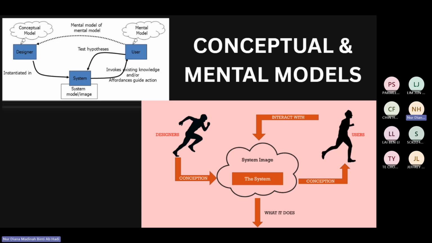Usually the system will tell what should be done and who would be the users. Usually the users will interact with your system to perform what should be done. Designers will have their own concept, but users will be based on their mental model.